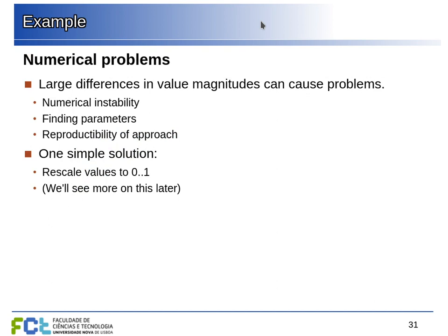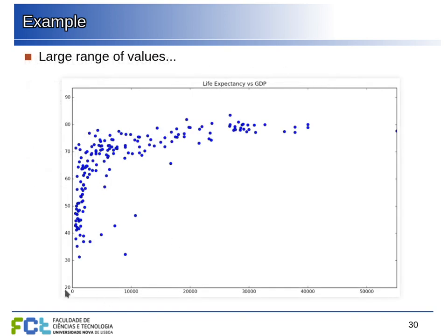Now, one problem that you sometimes have in real data is an issue with numerical stability. So if you have things like one scale varying from 20 to 90 and the other going up to 50,000 or more, and you do things like a polynomial regression where you are putting this to the cube and to the fourth power and to the fifth power and so on, you can have problems with numerical precision.